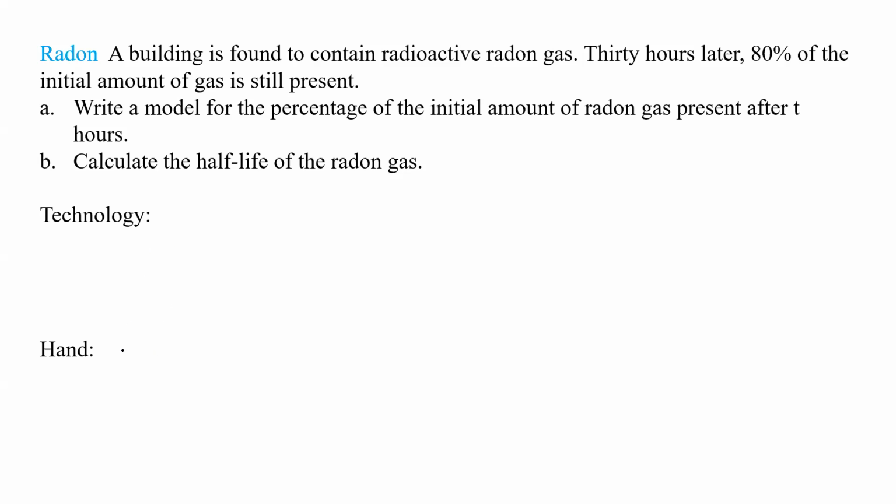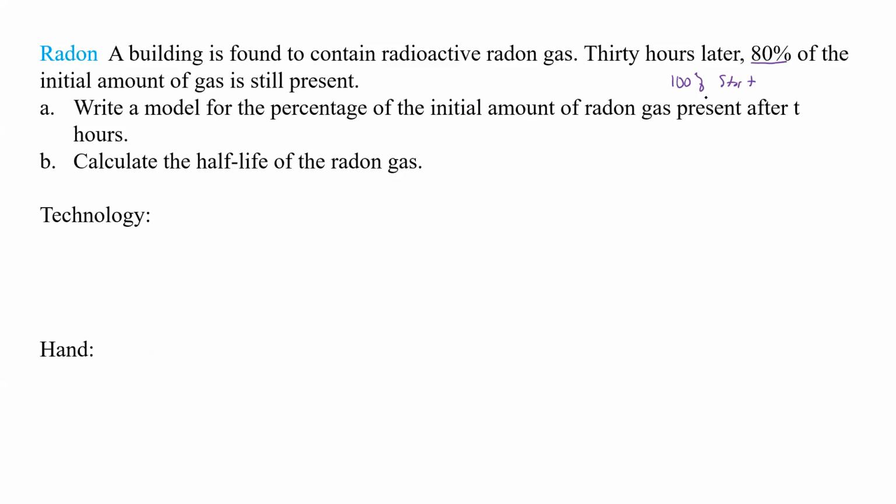So we're going to have 80% of the initial amount of gas still present. So what's their initial value? Well, if we say we start with 100%, then at the end, we have the 80%, okay?